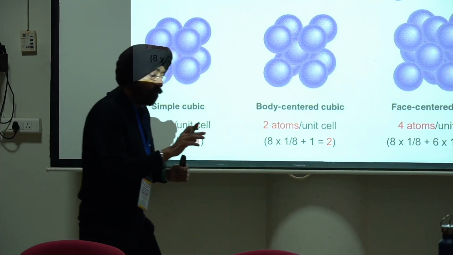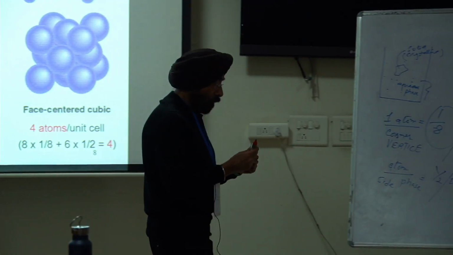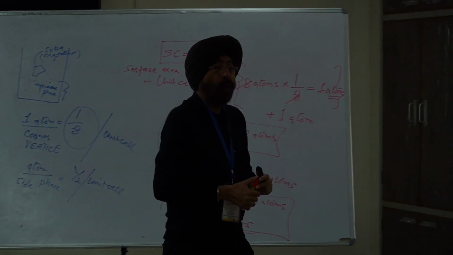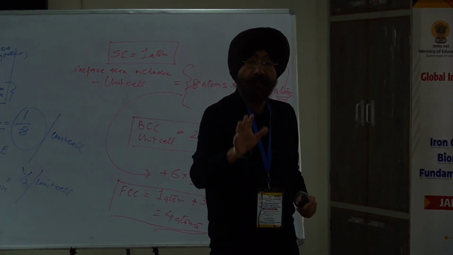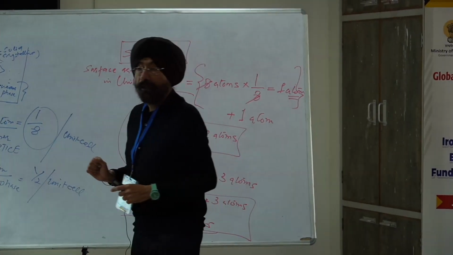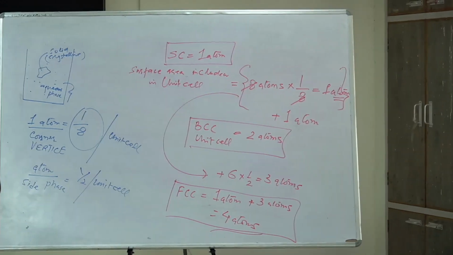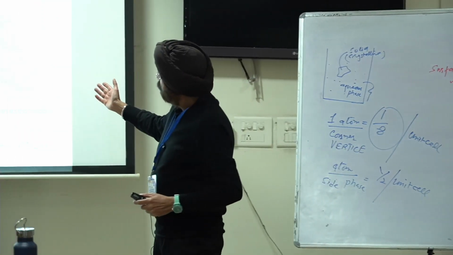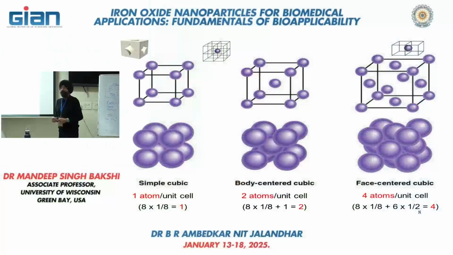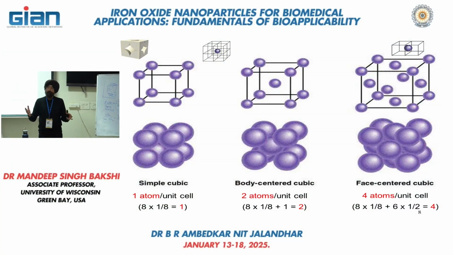So this is the fundamental definition of the solid state, and we will only focus our attention on the cubic structure. And suppose you ask me, this is the unit cell for a crystalline structure that has the cubic structure.